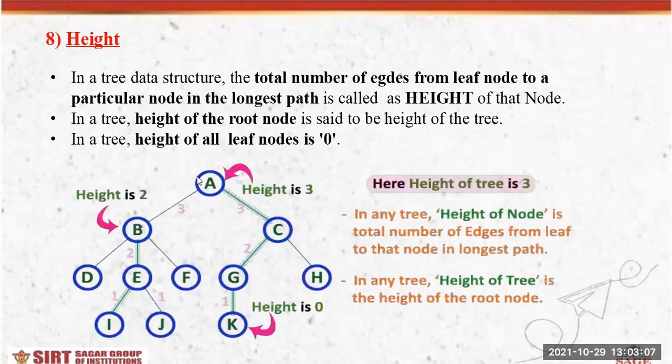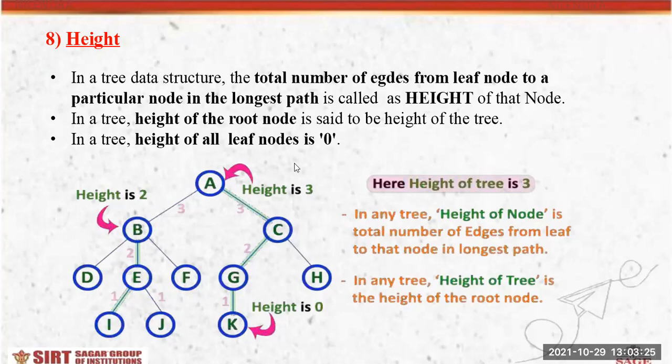Height. The traversal from a node to another particular node. So you can say the total number of edges we travel from a leaf node to a particular node, the path, we call it the height of that particular node.